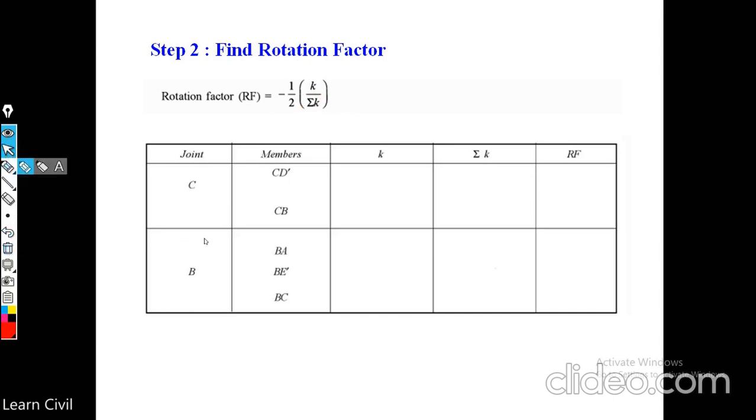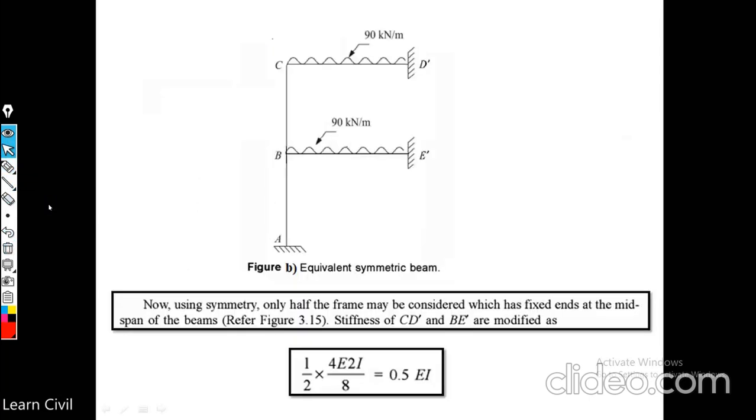Now we have to prepare a table like this, and in this table we will be calculating the rotation factor. So at joint C, you can see here two members are meeting, that is CD dash and CB. We'll find out the stiffness for each of the members. Now our frame is like this.